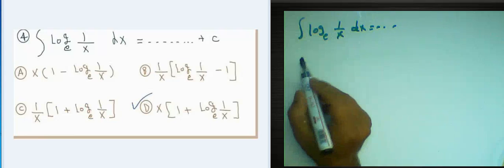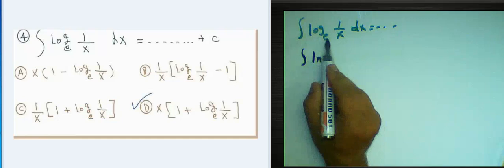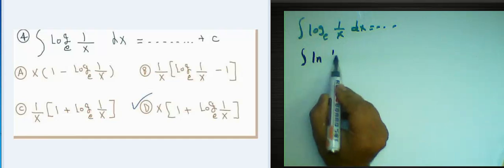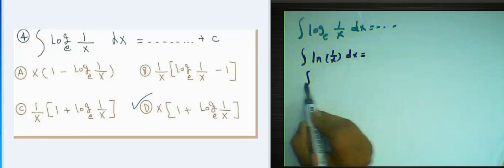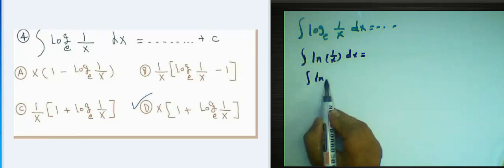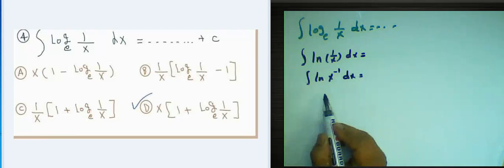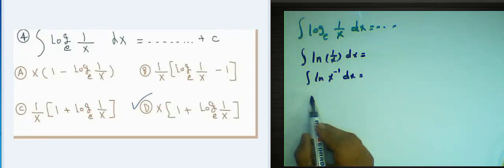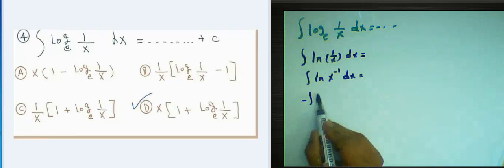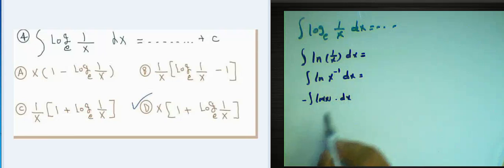We can write here the integration of ln, logarithm to the base e, which means ln 1 over x dx. We can write ln x to the power negative 1 dx. Okay, we can drop the power outside and write here negative ln of x dx. We can use vertical integration.